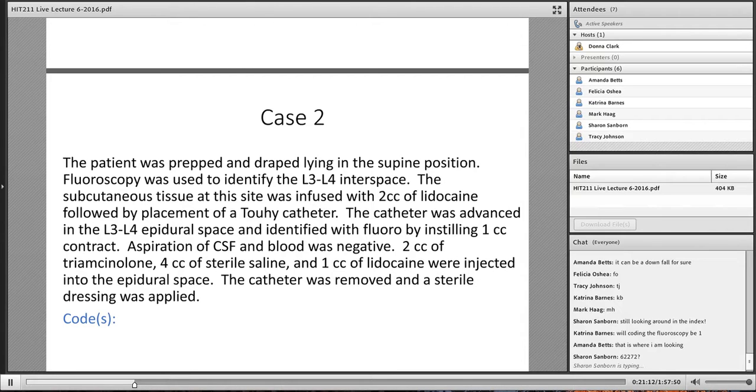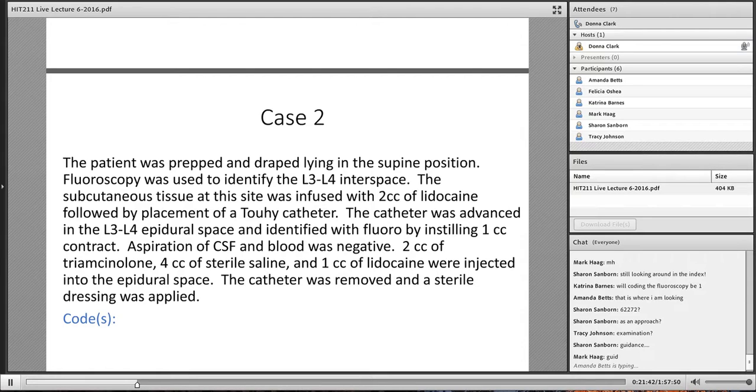Were we doing a diagnostic procedure? What are we doing with that? We're using it for guidance. Fluoroscopy was used to identify the L3, lumbar 3, lumbar 4 interspace. So we're using it for guidance for what we're trying to do, which is a pain block.